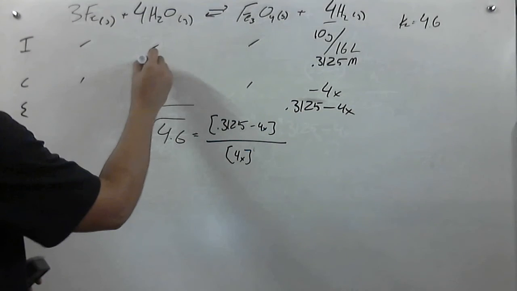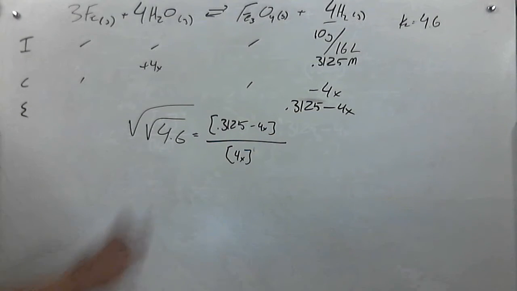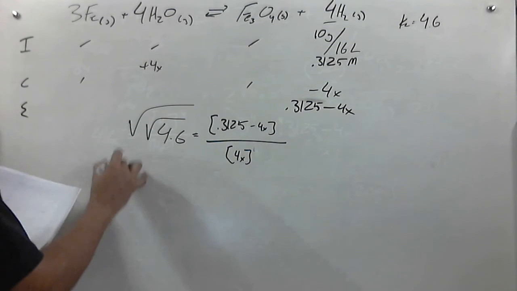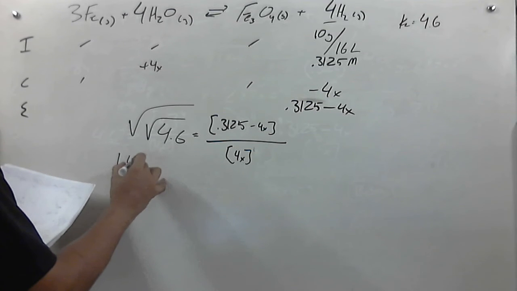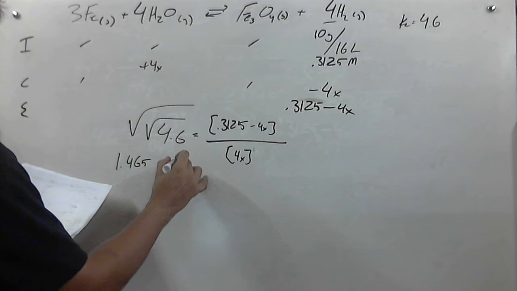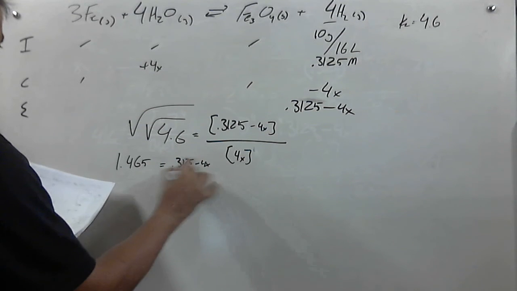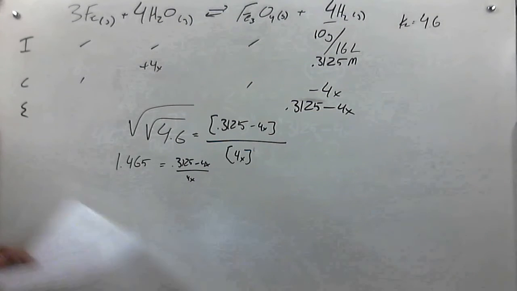So this value here is going to change to 1.465 equals 0.3125 minus 4x over 4x.